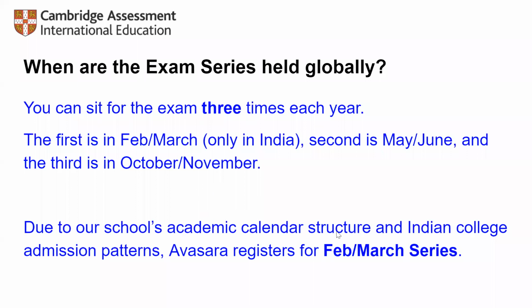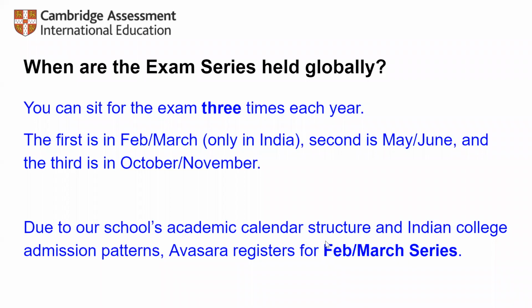Due to our school's academic calendar structure and Indian college admission patterns, Avsara registers candidates for the Feb-March series. We always choose, except the pandemic year, that is last year, the Feb-March series, because grade 13 students who graduate from Avsara, if they choose to join Indian colleges, the admissions of Indian colleges happen during April and May, or May, June.